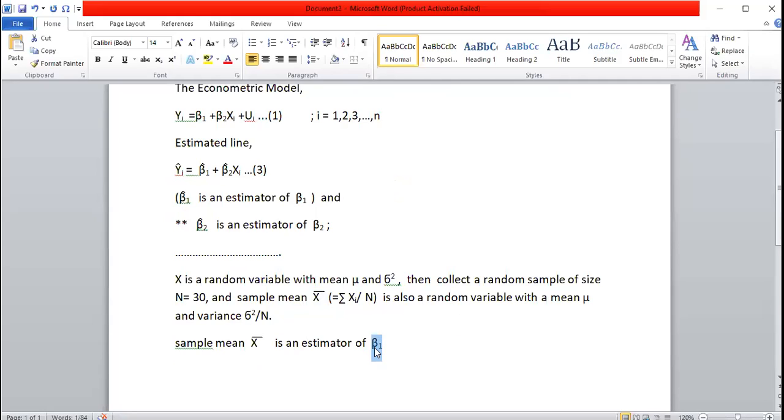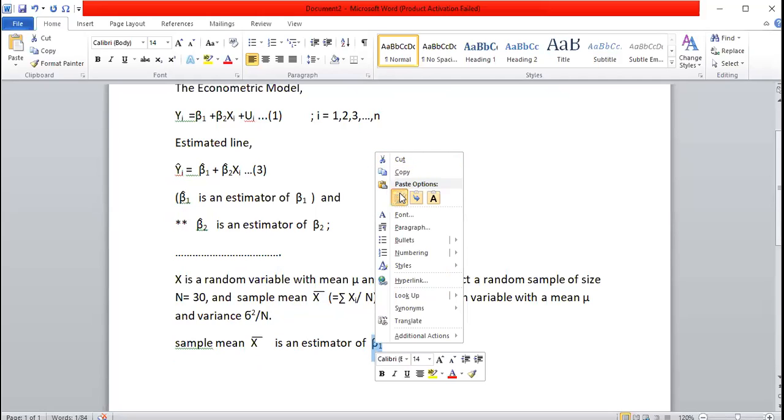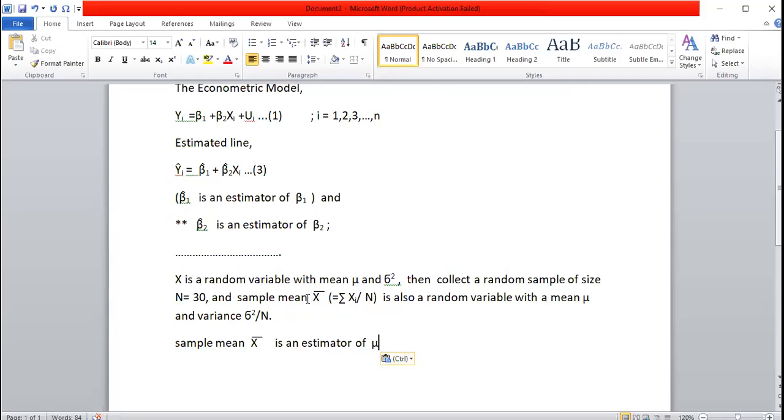Remember, estimator. Because the population is not known, what we do is collect a sample and find a sample statistic like X bar. Even though nobody knows mu, with X bar we can talk about mu. Why? Because X bar is an estimator of mu.